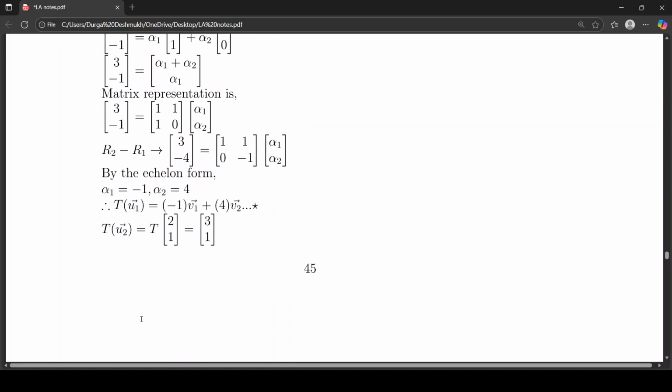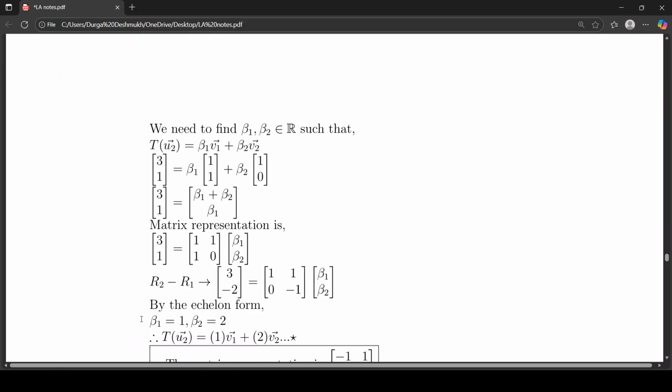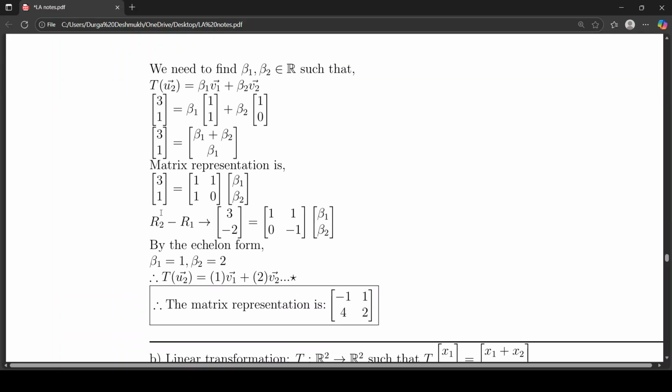Then we will do similar for the second element from the first basis. Now the matrix representation will be this for the second equation. Here we have considered beta 1 and beta 2 instead of alpha for clarity. Then again we will do the echelon form transformation, and from it we will get solutions.